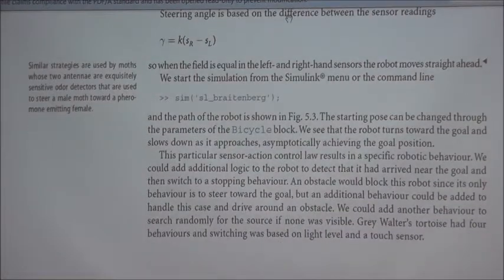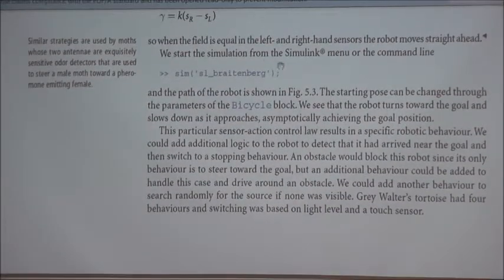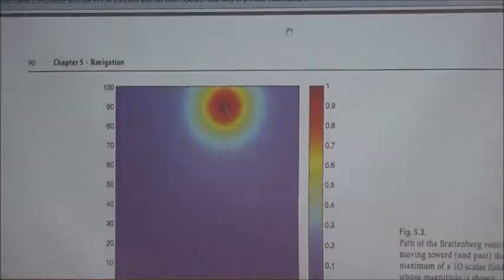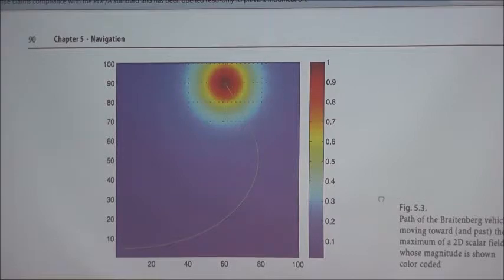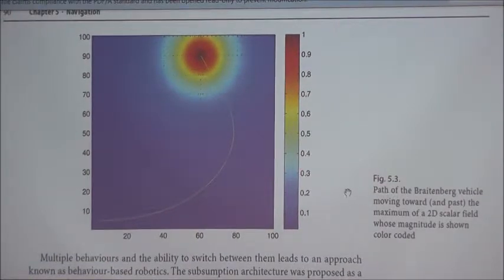So let's look at figure 5.3. Figure 5.3 shows the path of a Braitenberg vehicle moving toward and past the maximum of a 2D scalar field, whose magnitude is shown color coded. So when you are here in the blue area, you are far away from your goal.